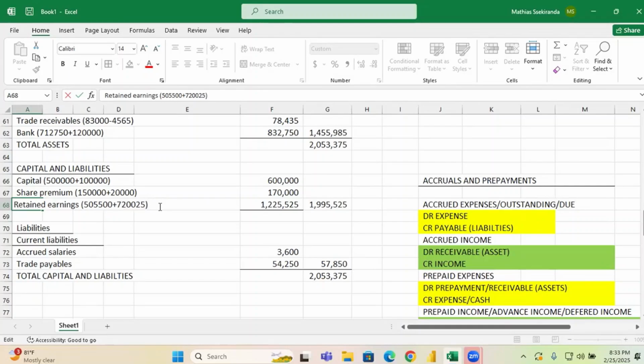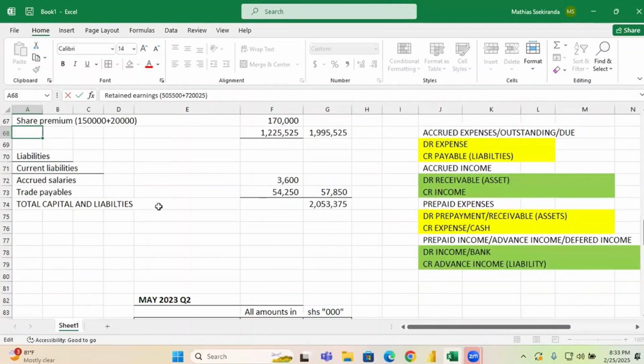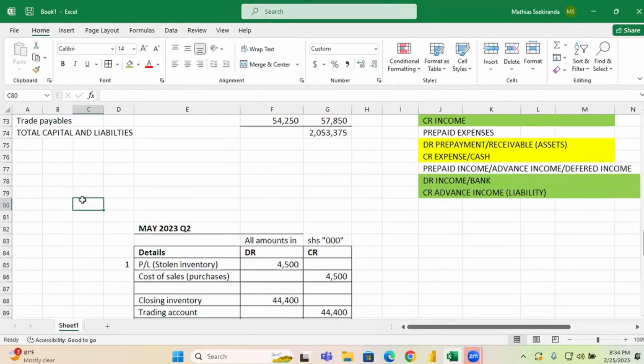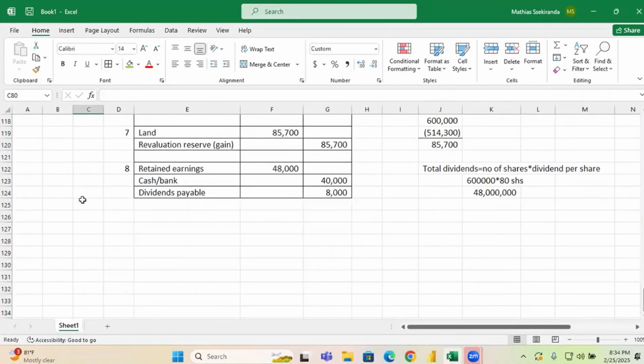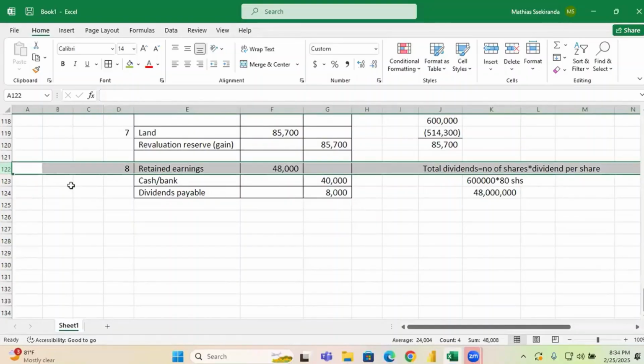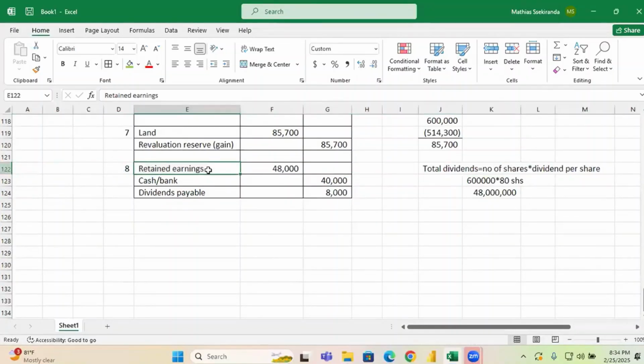Now, what do you have to use to pay them? Okay? So we get them from retained earnings because that's where we took the profit. That's where the profit goes for the year. And secondly, because dividends are not operating expenses, we can't expense them in the profit or loss, unless they are preference shareholders whose dividends are expensed in the profit or loss.